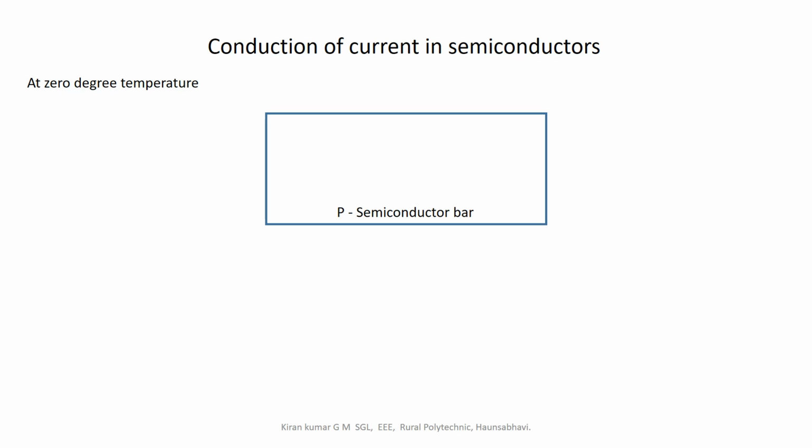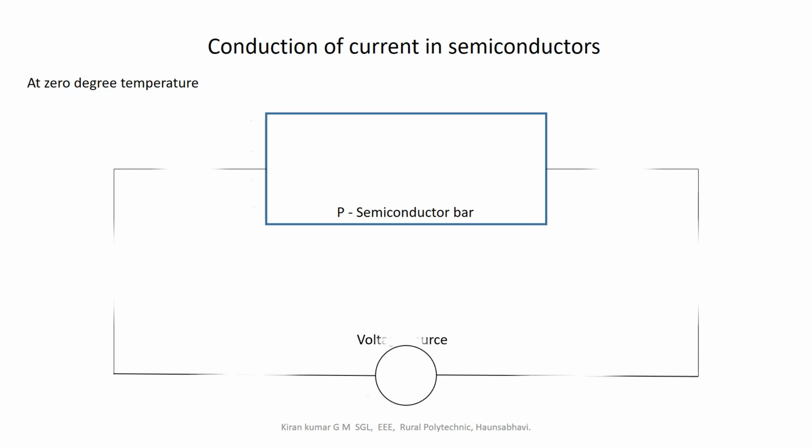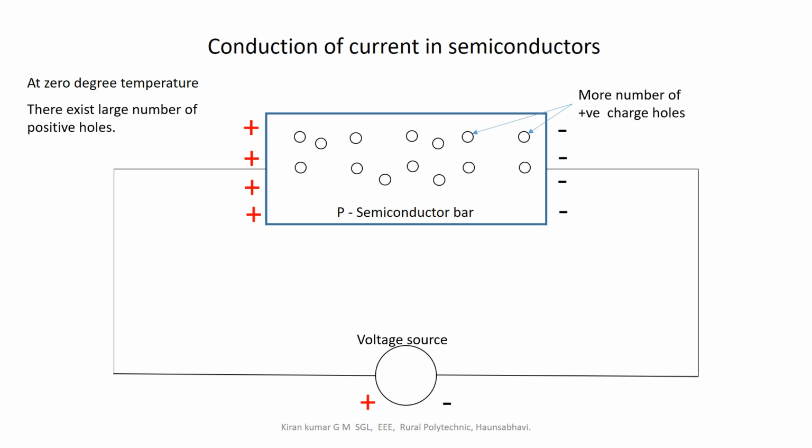Now, considering a p semiconductor bar here at 0 degree temperatures, when it is connected in the external circuit like this, even at 0 degree centigrade, the p semiconductor will be having a large number of positively charged holes.